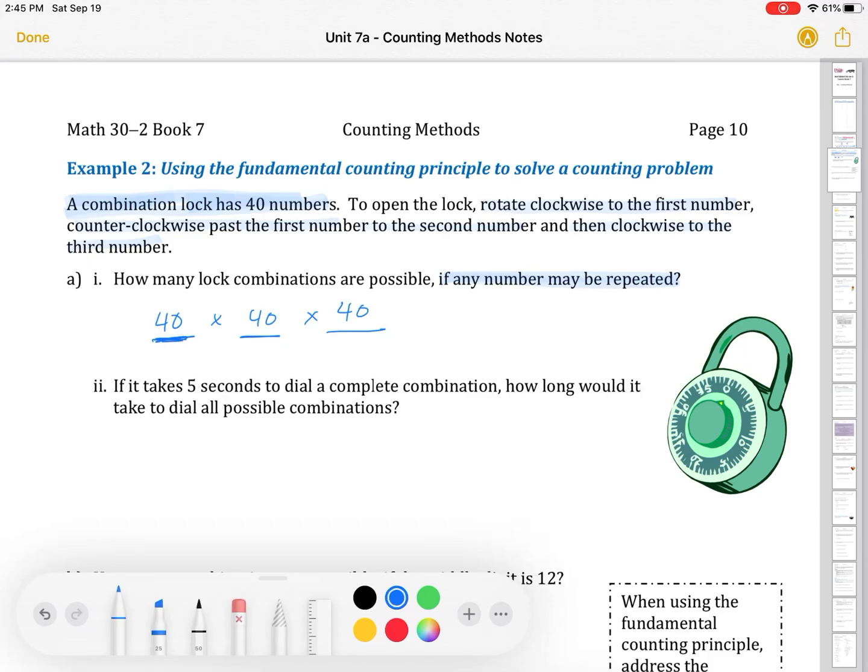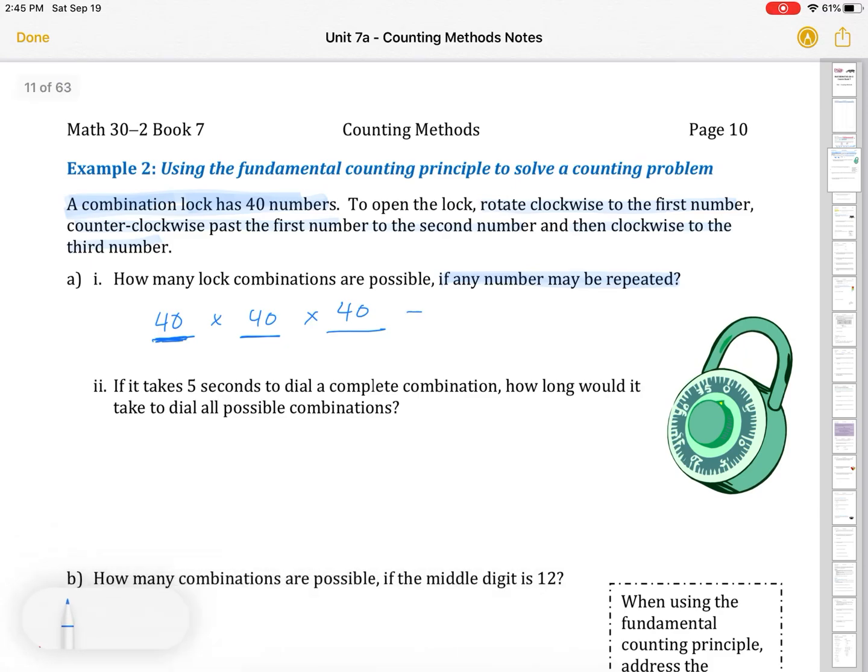And then in the third possibility, we have 40 options, which is the same as having 40 to the power of 3. If we multiply those together, 40 times 40 times 40, and you can try that out, you get 64,000. So that's how many combinations, if you can repeat the number.